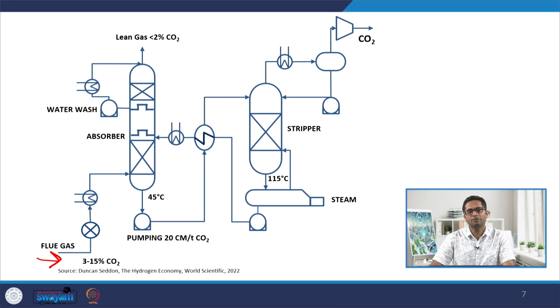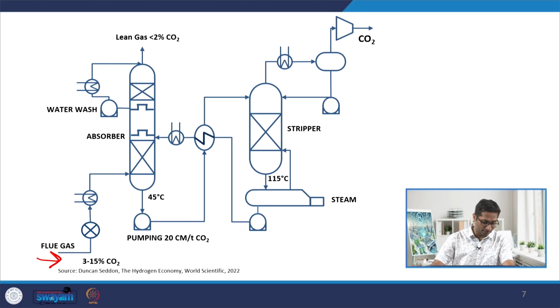These kinds of technologies have been formulated for capturing the flue gas that comes out from thermal power stations, which might be running either on coal or natural gas. If a thermal power station is running on coal, the concentration of CO2 is roughly of the order of 15%, and if the thermal power stations are running on natural gas, the normal CO2 concentration is around 3 to 5%, because natural gas tends to have a much lower carbon to hydrogen ratio as compared to coal.